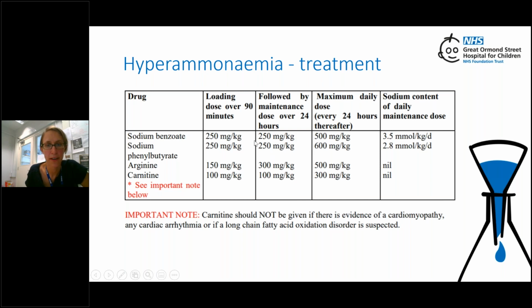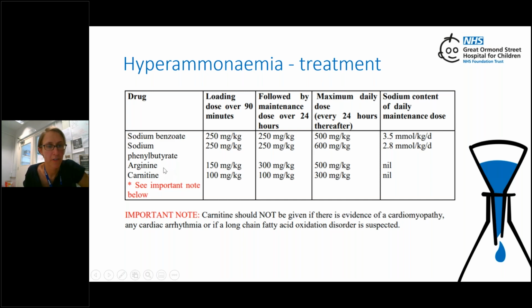This is then followed by a maintenance dose over 24 hours, so that's 250 milligrams per kilo over 24 hours. You may sometimes get a message from us that we can increase the dose to a maximum dose of 500 and 600 milligrams per kilo, respectively. You can see that it gives a significant sodium load when you give it IV, and obviously we need to monitor the electrolytes.